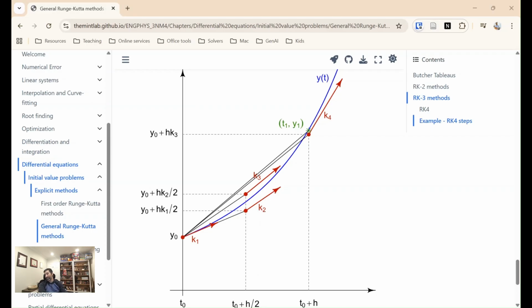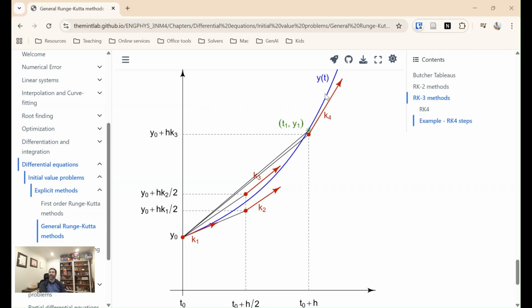You're going to use that slope, take it back to the beginning, and step all the way over here, right? Now you've got another guess from which you calculate another slope. You take that one and you step all the way out to your full step. Now you've got another time and another guess.